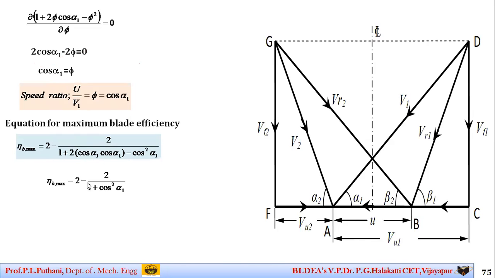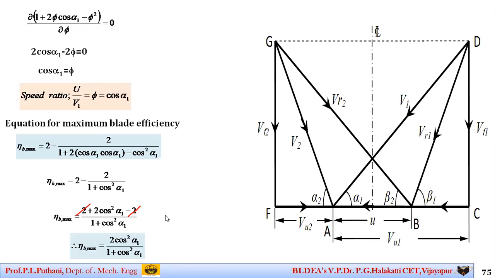It gets the form 2 minus 2 divided by 1 plus cos square alpha 1, which means on simplification, you can see this term gets cancelled and we are left with the maximum blade efficiency as 2 cos square alpha 1 divided by 1 plus cos square alpha 1. Hope this is clear to you all, students. This is the equation for maximum blade efficiency for a reaction turbine.